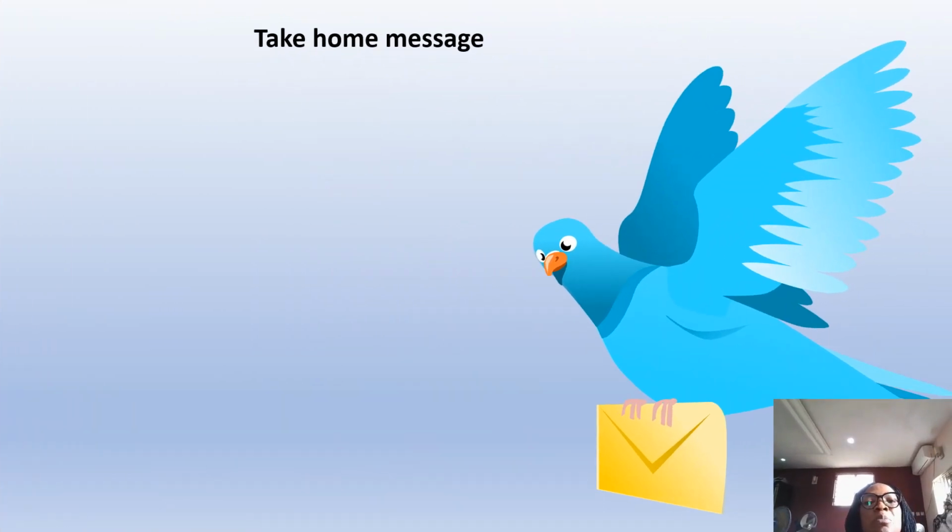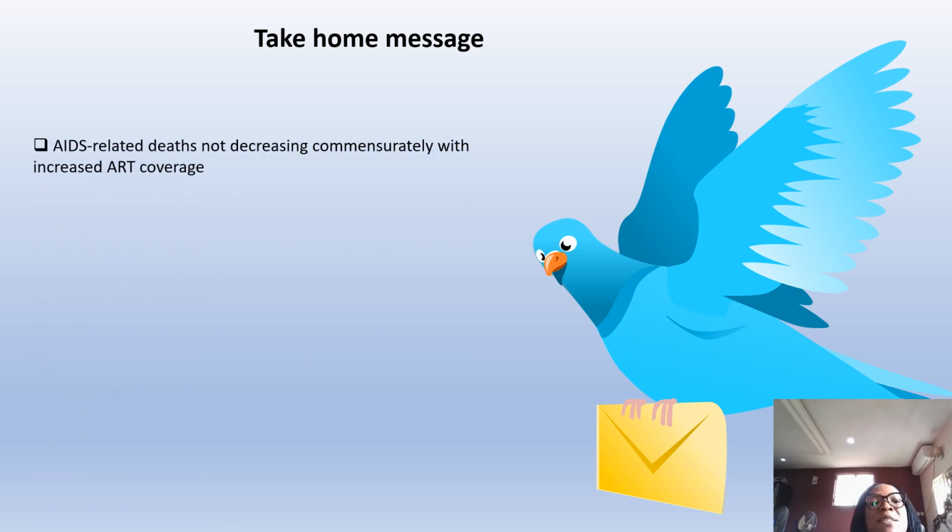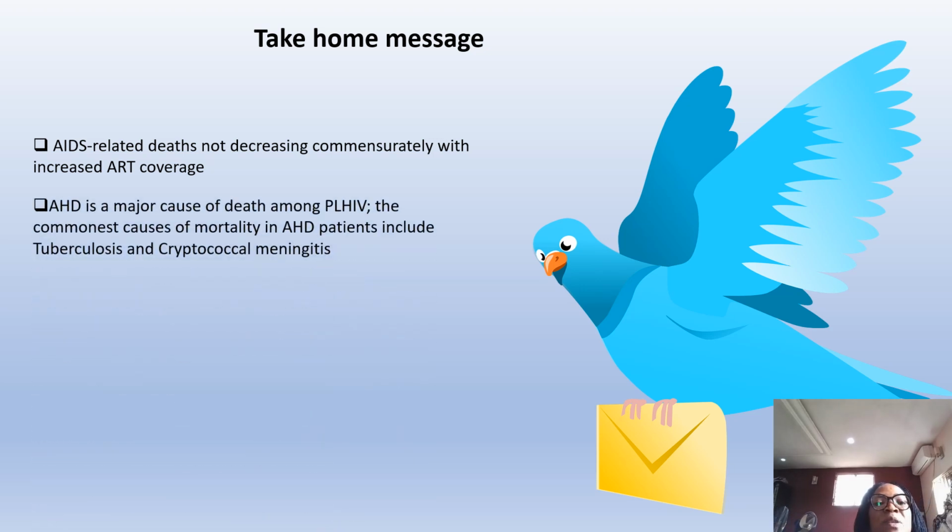So what is the take-home message for advanced HIV disease? AIDS-related deaths are not decreasing commensurately with increased ART coverage. You know that in Nigeria, the ART coverage has increased tremendously, but we don't see a commensurate decrease in AIDS-related deaths. Advanced HIV disease is a major cause of death among people living with HIV.